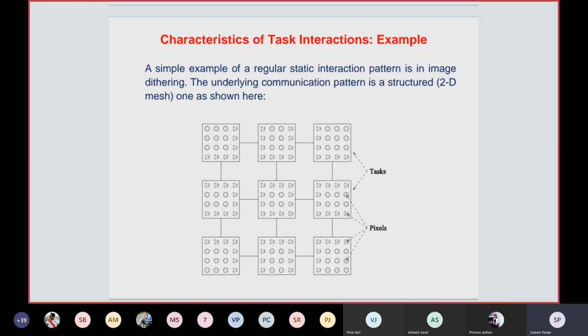In the current example it is following the 2D mesh topology, and each node has a 4 by 4 matrix of pixels. Each task has a 4 by 4 pixel matrix, and the sizes are equal in each and every task. So this is the example of the regular static interaction pattern.